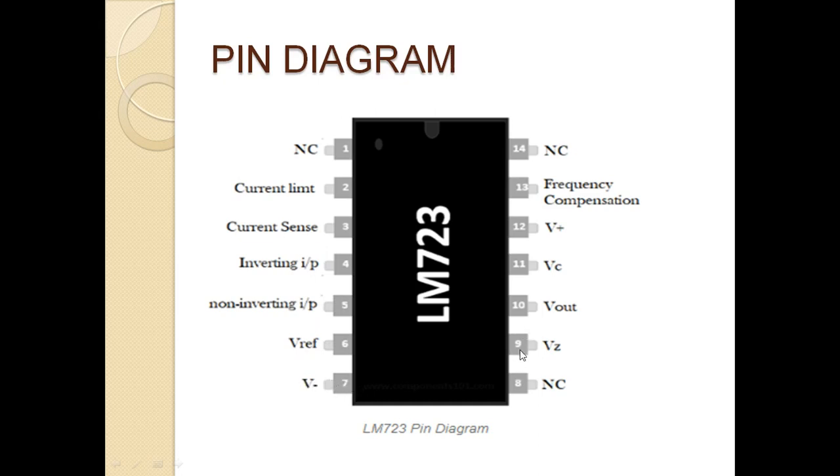Pin number 9 is generally used for making the negative voltage, because this voltage regulator can be used as a positive voltage regulator and also as a negative voltage regulator. This is the output pin, VC is the control voltage, pin number 12 is connected to the power supply, 13 is the frequency compensation, and 14 is again no connection.